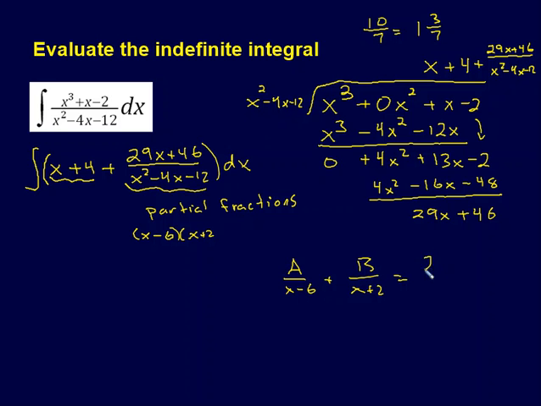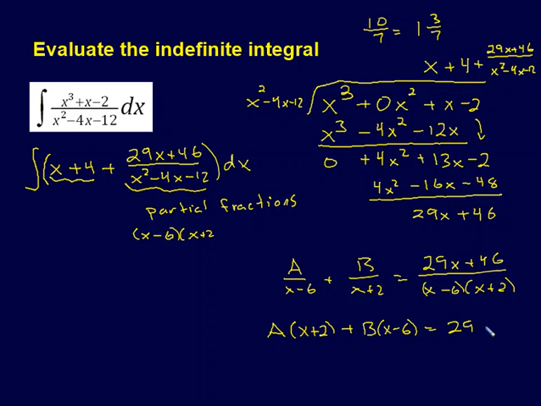And that has to make 29x plus 46 over x minus 6 times x plus 2. And now to combine the a and the b properly, a is going to have to multiply by x plus 2, and b is going to have to multiply by x minus 6, all to make 29x plus 46.